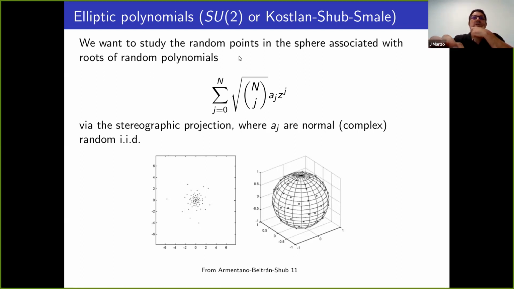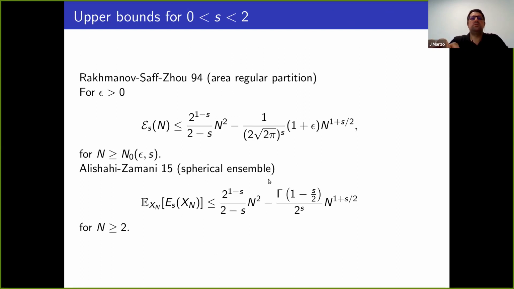So you have these elliptic polynomials with these random zeros, and the points are somehow nicely distributed on the sphere. And the good thing is that these points behave better than these other points from the spherical ensemble, in terms of energies, at least.